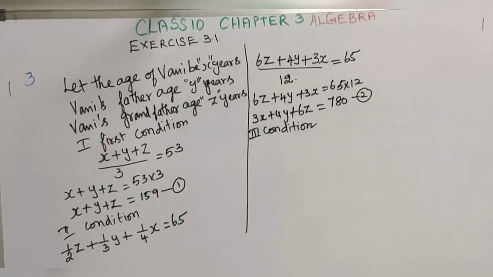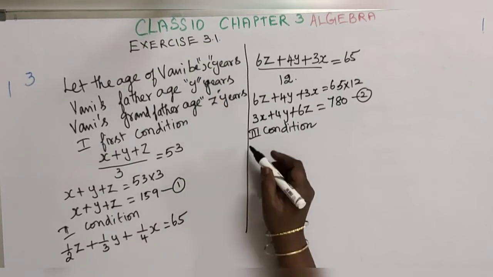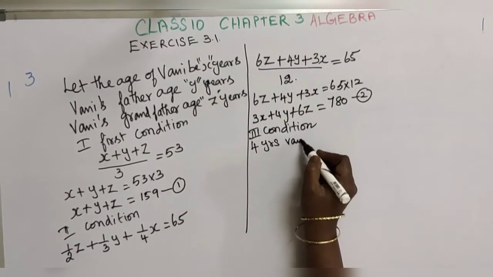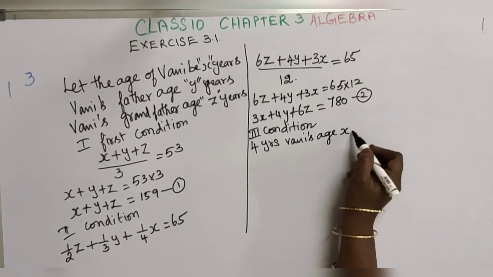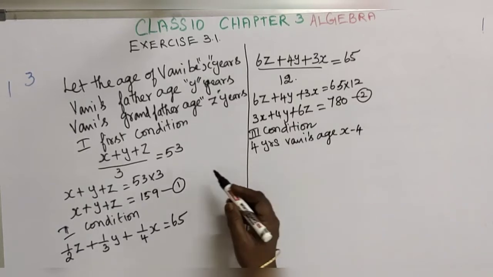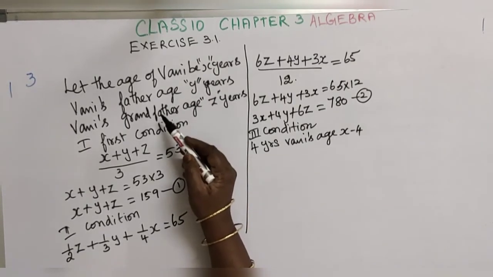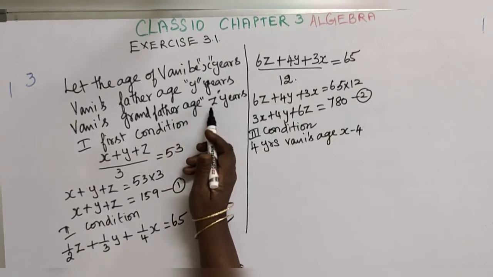The present age we have assumed as x, so 4 years ago Vani's age was x minus 4. Likewise, 4 years ago father's age was y minus 4 and grandfather's age was z minus 4.